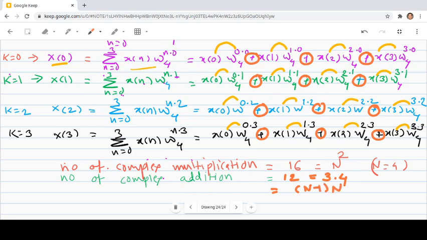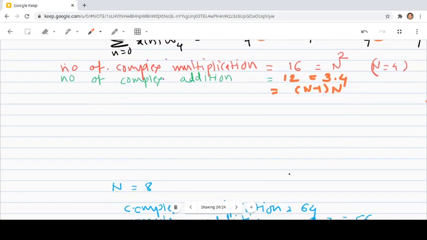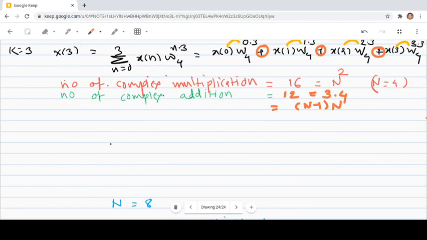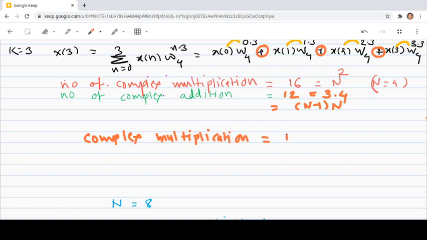So we can conclude that the number of complex multiplications required for DFT is N squared, and complex additions comes out to be N times N minus 1.